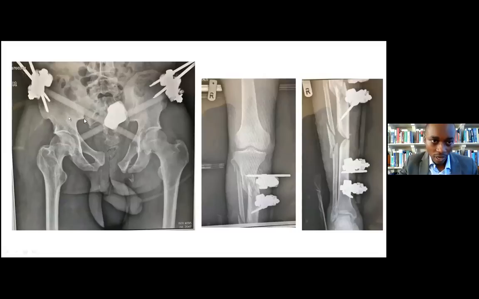We didn't correct that SI joint vertical shear component. Ideally, you should put the patient on a traction table or put a transfemoral Steinmann pin since it's got a tibial fracture, and then check down that hemipelvis before closing the book. Yeah, and so that's the tibia there.